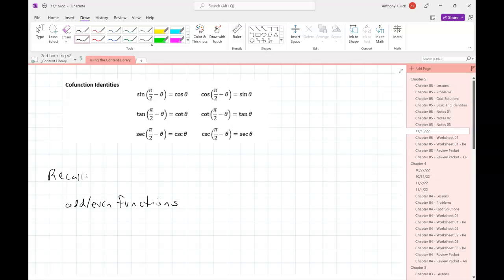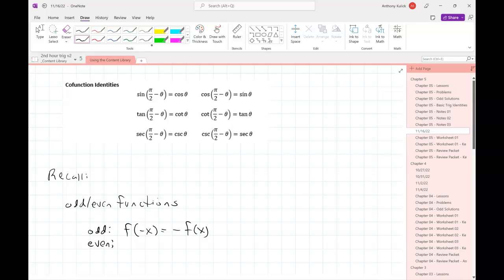So remember way back in chapter 1 when we talked about odd and even functions? You remember that name anyways? We said odd functions had this property, that f of negative x is equal to negative f of x.